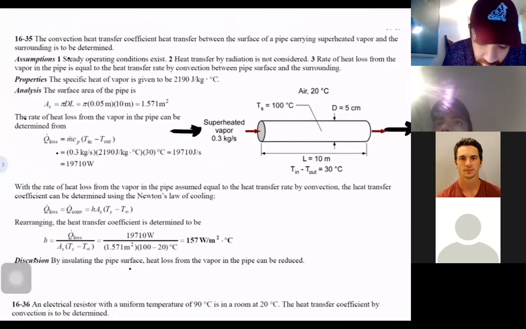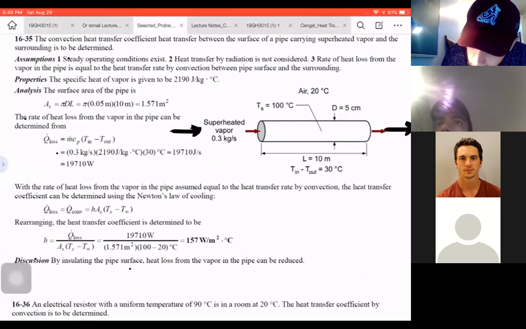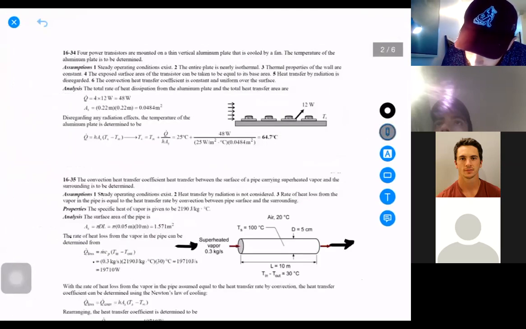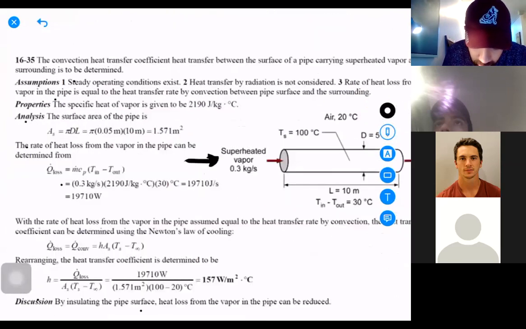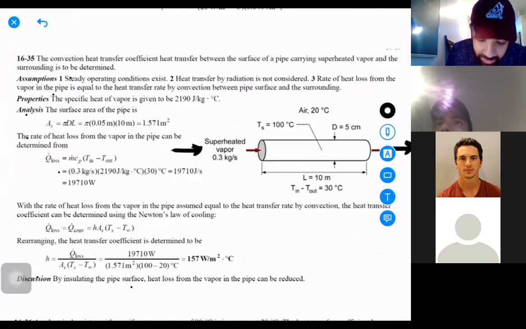So as you can see, Q loss is equal to m dot, which is the mass rate, times the constant pressure Cp, times the temperature difference.